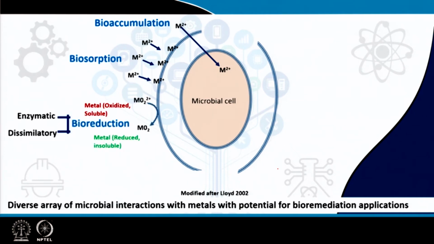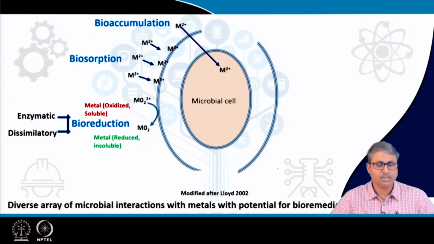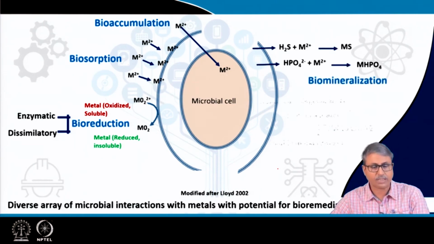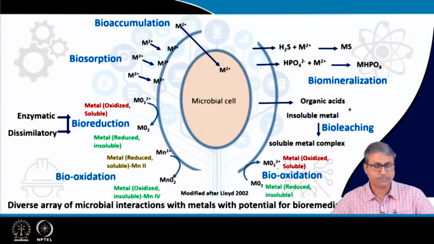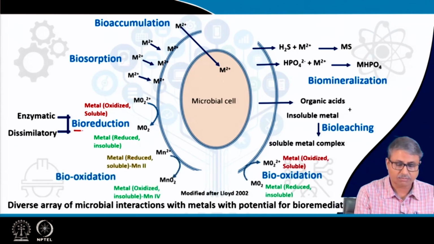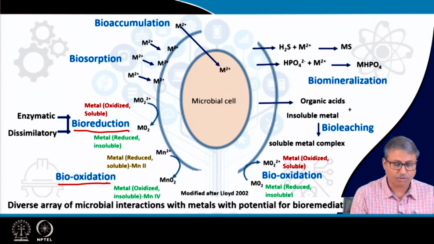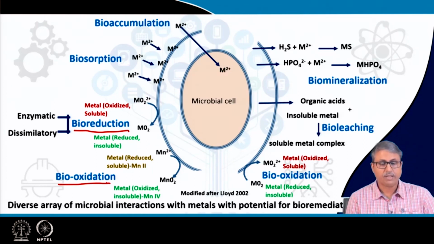Another very important aspect of the metal-microbe interaction that I was referring to earlier is the biotransformation or reduction based processes, and these could be reduction or oxidation as well. So, there are processes which are bio-oxidation or bio-reduction.